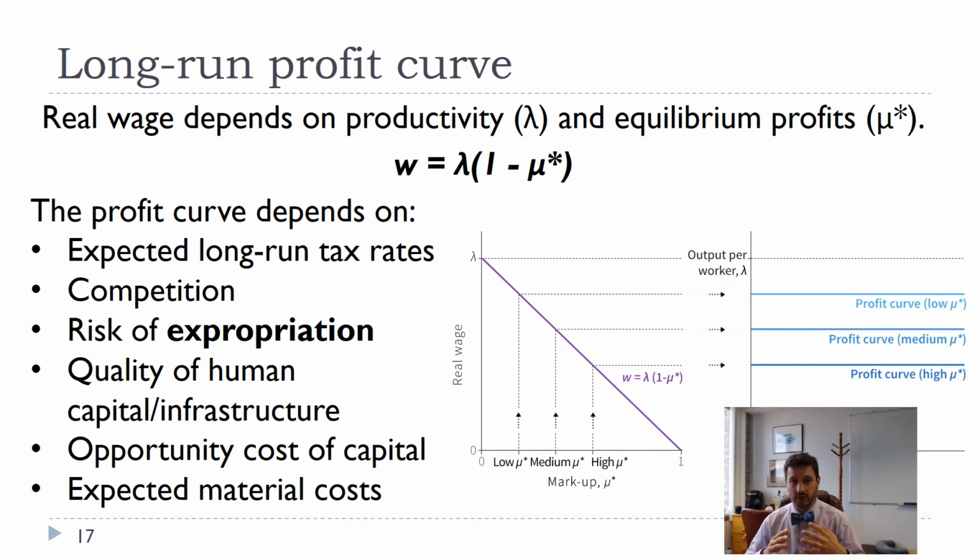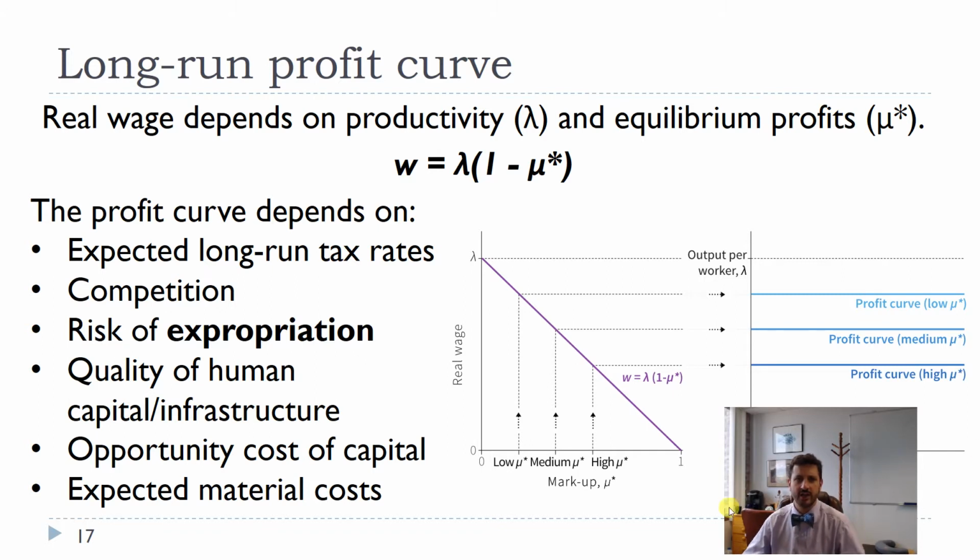It depends on the opportunity cost of capital, meaning is it easy or really difficult to invest in new capital? And it depends on what your costs are for all the things you need to buy to create your products, steel and aluminum and food products and everything that goes into your goods or services.